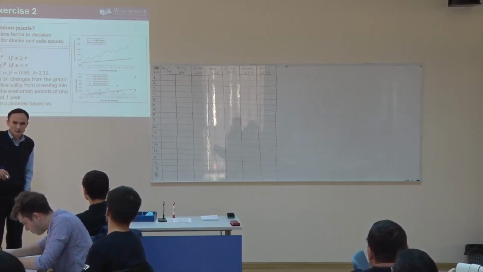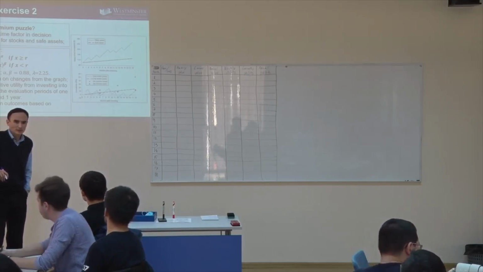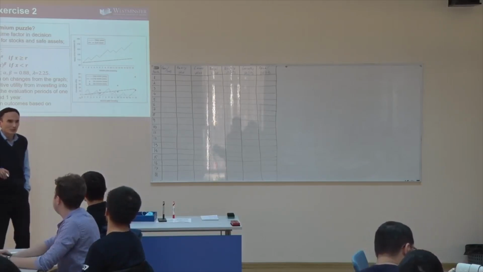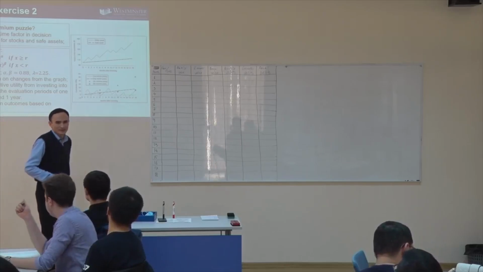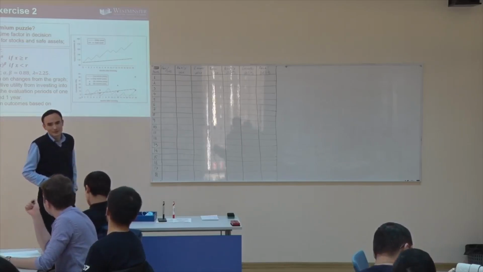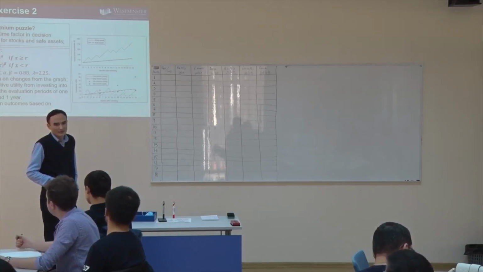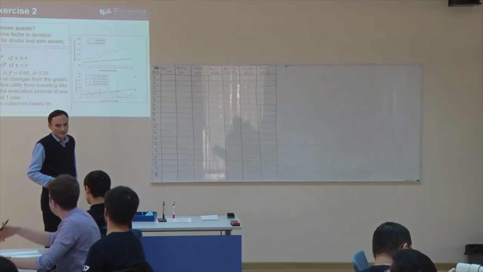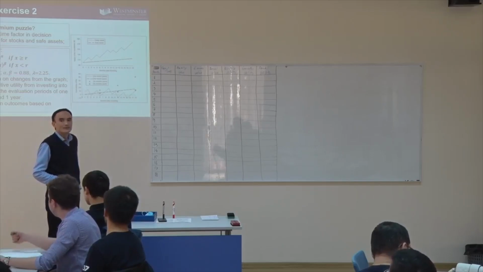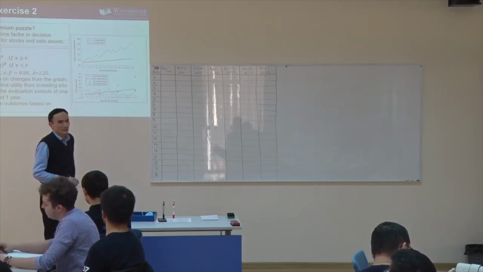What was it, the equity premium puzzle? Who can explain it to me? What was it, Maxim? It was like the securities which had a very low rate of return. Like the riskless, they had a lower rate of return, but people actually chose them instead of the higher rate. Okay, so that was the case, right?